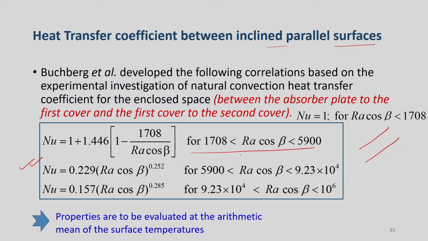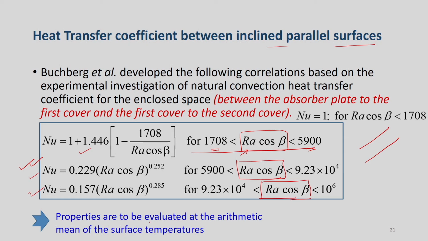First, we need to calculate Ra cos beta. This will guide you on which correlation to use for calculation of the heat transfer coefficient. We first find this value, then see where it fits. If the value of Ra cos beta is in between these two values, then we go for this correlation, and accordingly we will use the third correlation.